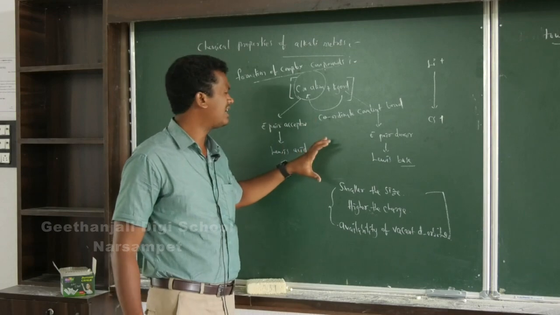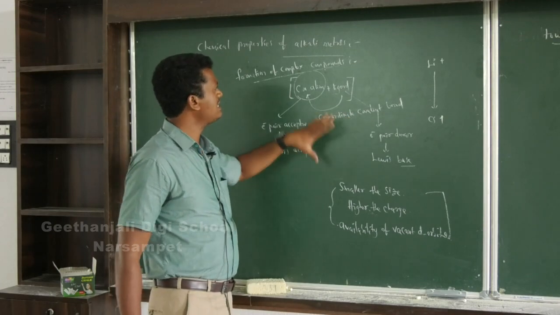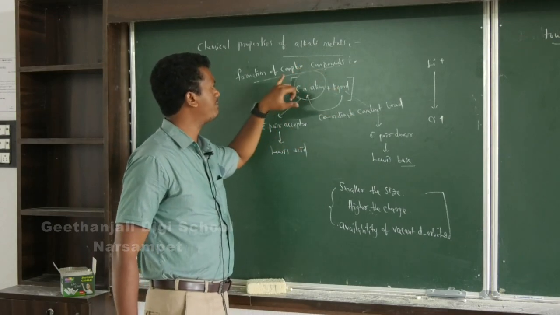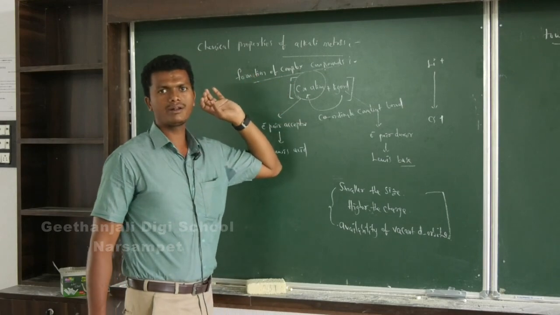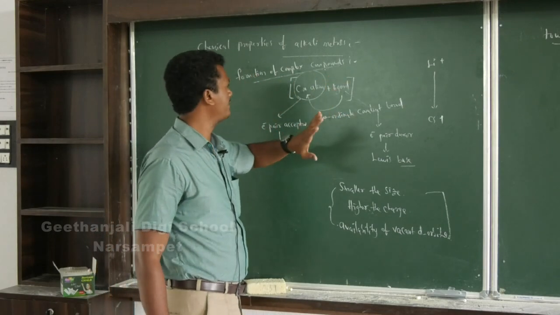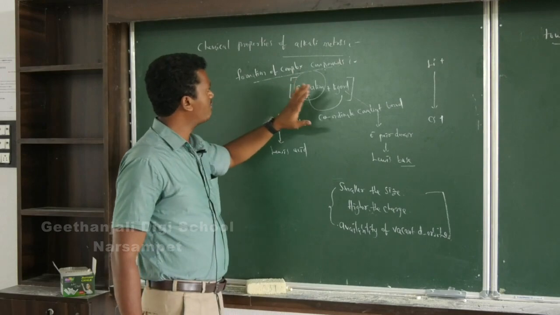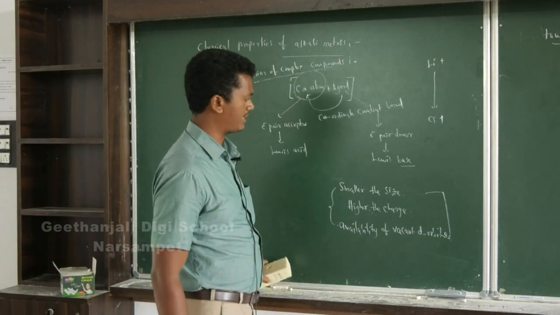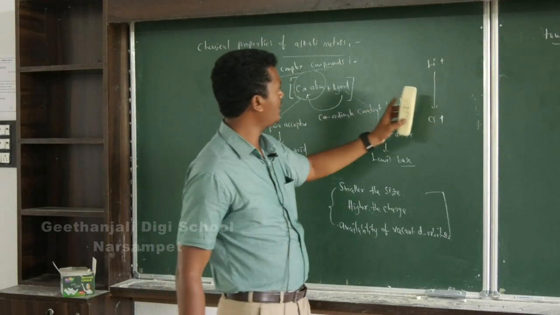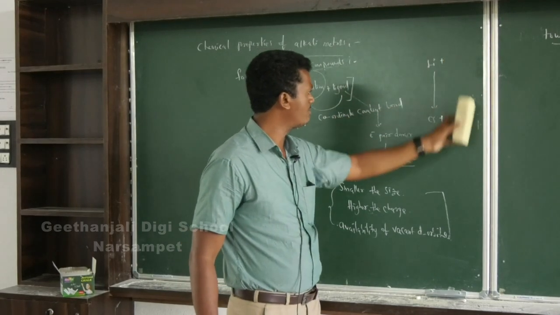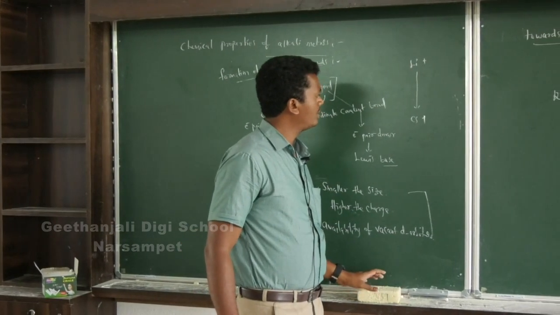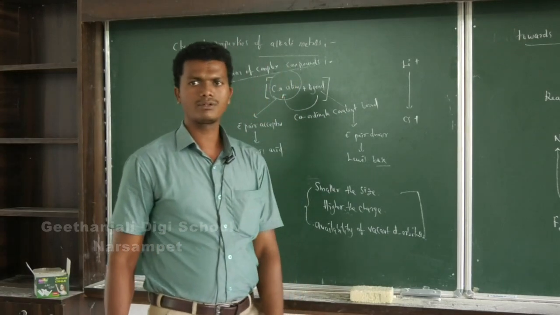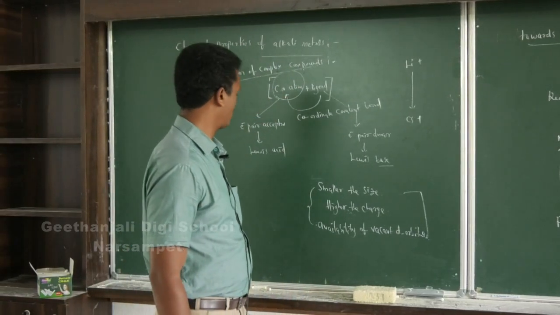If the size of the ion is less, the transfer of electron pair from ligand to metal ion takes place easily. That is why the formation of complex compounds is easy. So, on moving from top to bottom, the capacity to form complex compounds decreases.